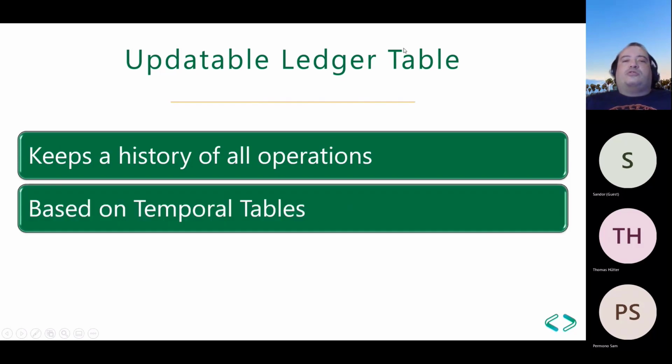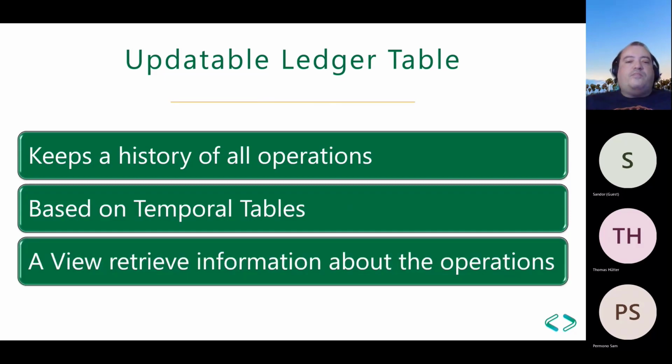The technology used by Ledger is based on temporal tables. So Ledger is built over the temporal tables, but with some additional features. A view is used to retrieve information about the operations.